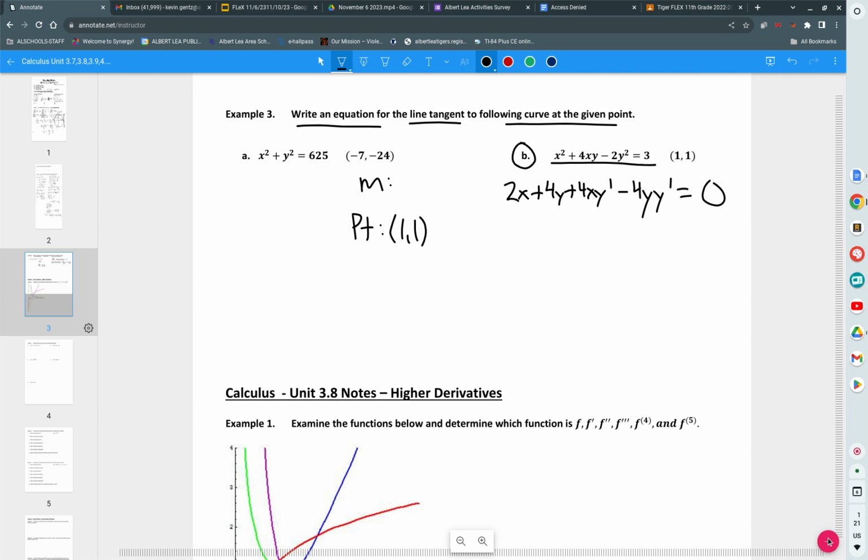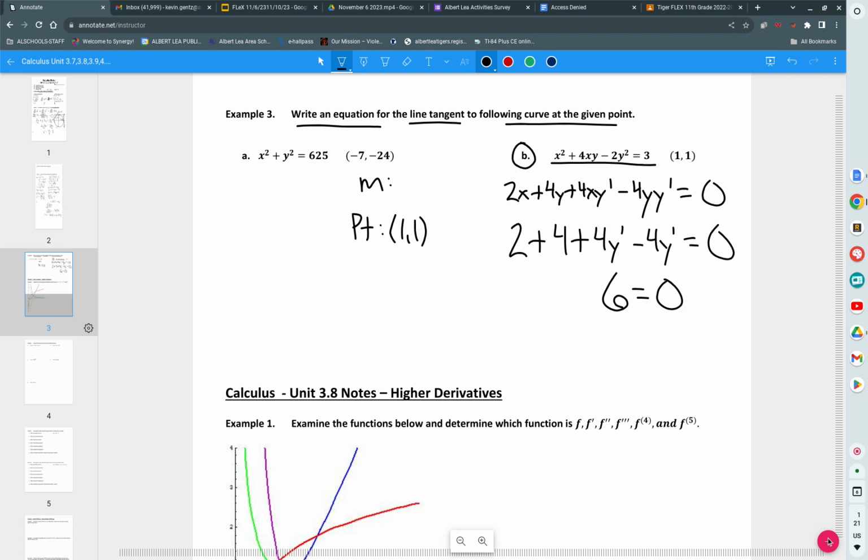So if you put in 1, you get 2 plus 4 plus 4y prime minus 4y prime is equal to 0. What happens to the y prime? They cancel. You get 6 is equal to 0. Which is false. I don't think 6 is equal to 0.